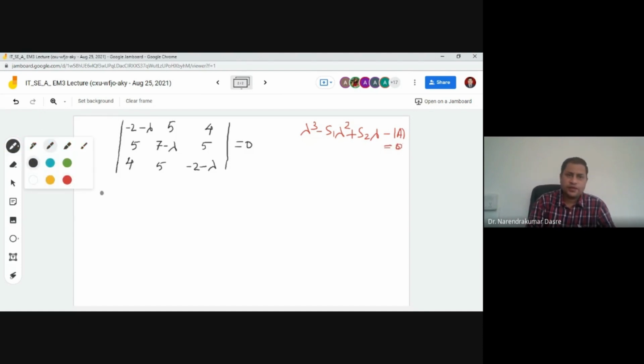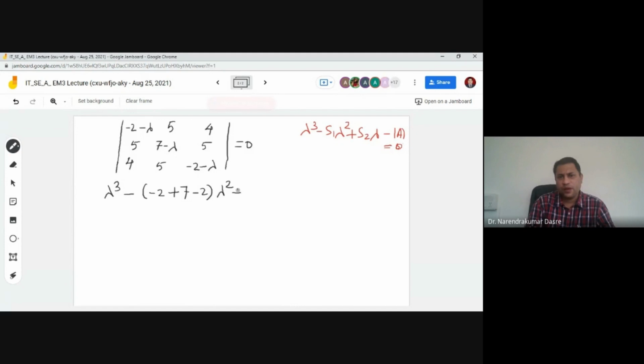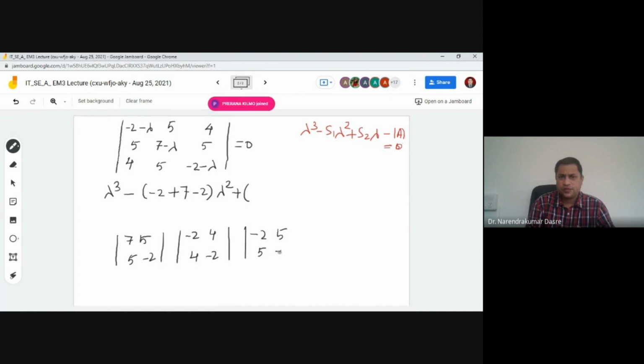Now let us apply this. We have lambda cube minus s1 lambda square, where s1 is minus 2 plus 7 minus 2. Then for lambda, we have for this element the minor 7, 5, 5, minus 2; the next minor for this element is minus 2, 4, 4, minus 2; and for this element the minor is minus 2, 5, 5, 7.